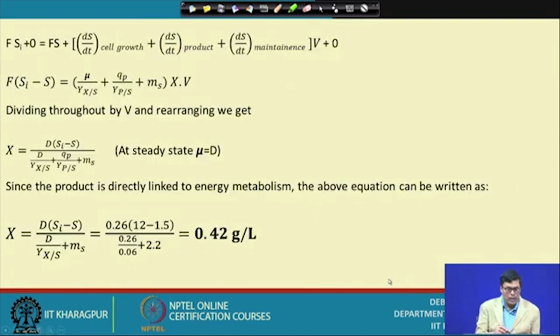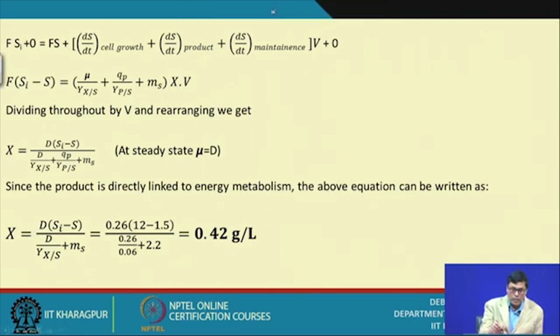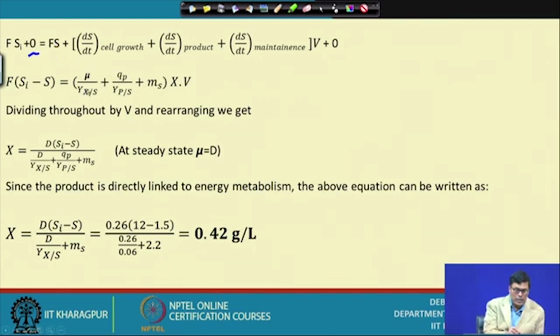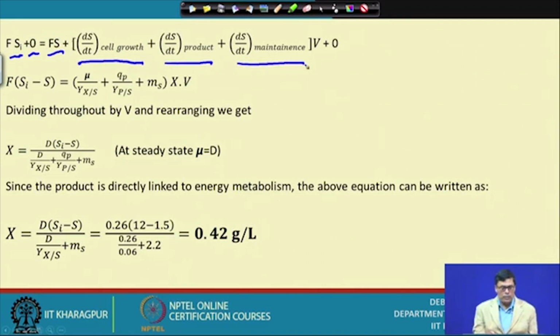So, what we can write is that this is equal to 0, and Fi is the incoming initial substrate concentration, this is the final substrate, and dS by dt is contributing for 3 different purposes: one is for cell growth, another is product formation, and there is maintenance of the cells.